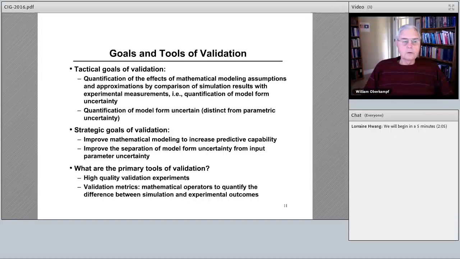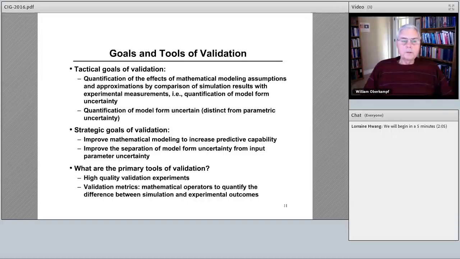The strategic goals, I would say, are the improvement of mathematical modeling to increase predictive capability. In this conceptual view, validation is one of the key building blocks, just like code verification and solution verification, to predictive capability.